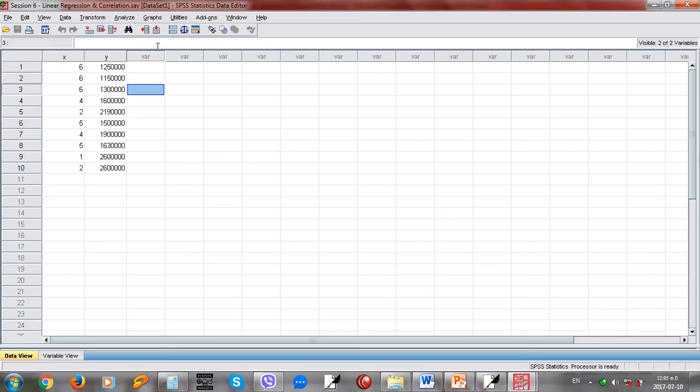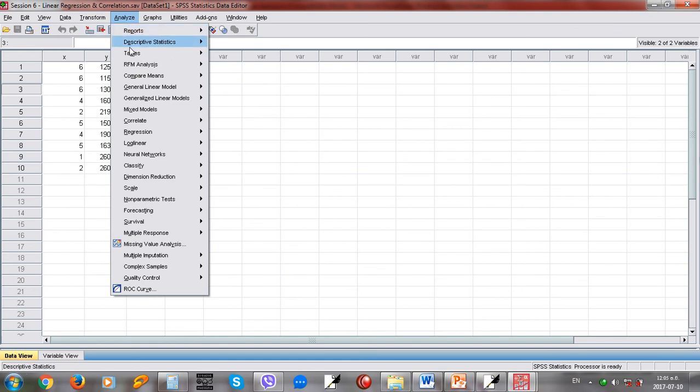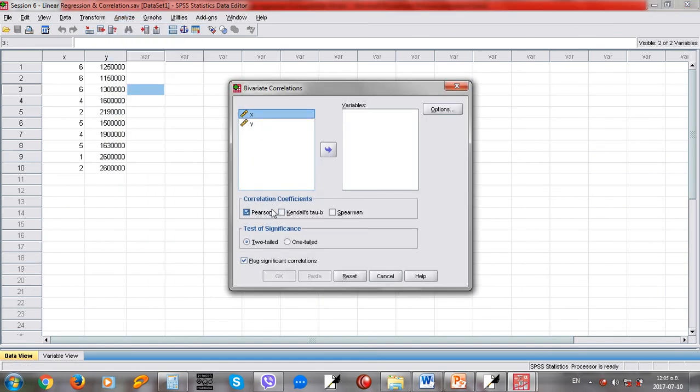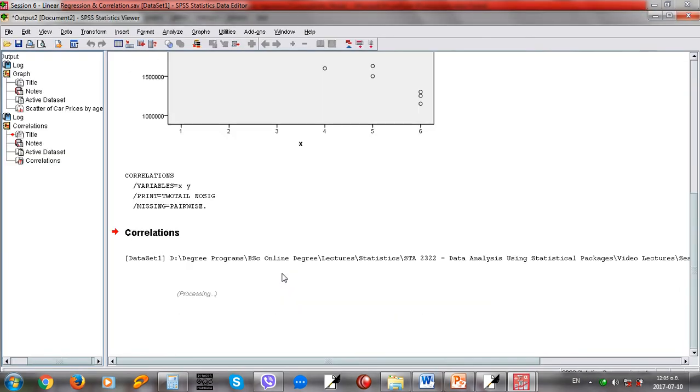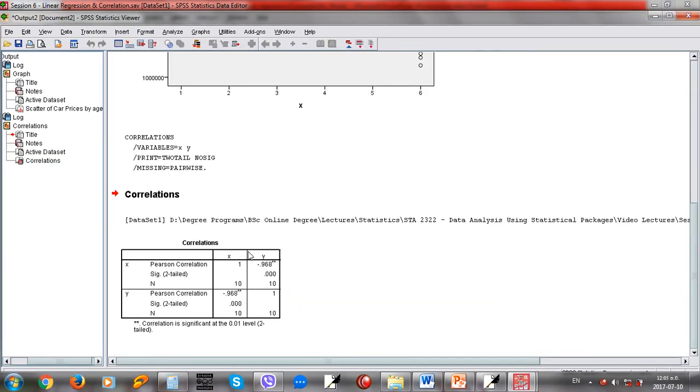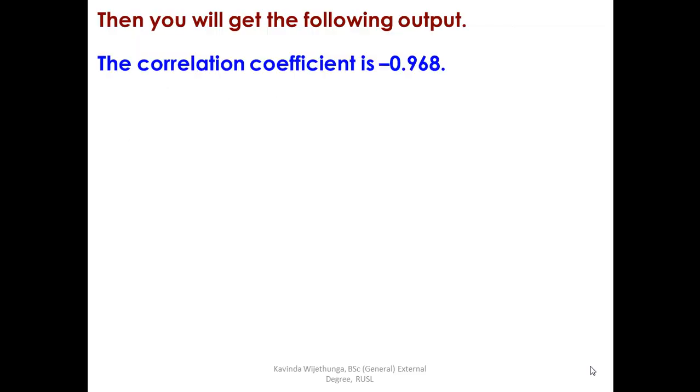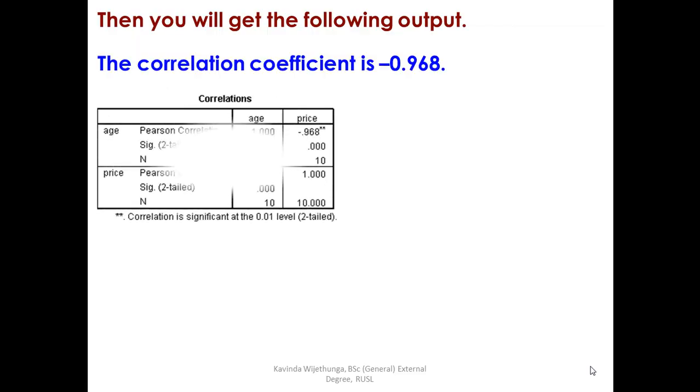We know the steps: analyze, correlate, bivariate. Take variables x and y there, choose Pearson as the correlation coefficient, then click OK. Then you get this output. Now we can interpret this output. The correlation coefficient is this one. What is it? Minus 0.968.